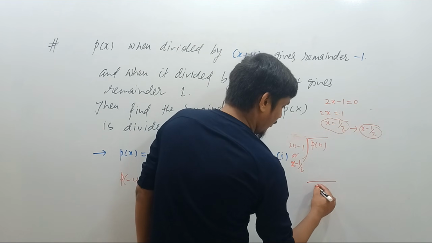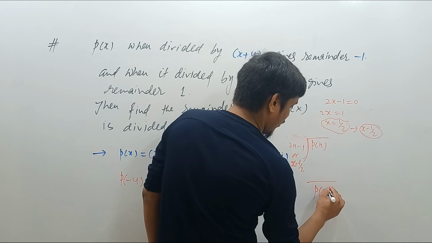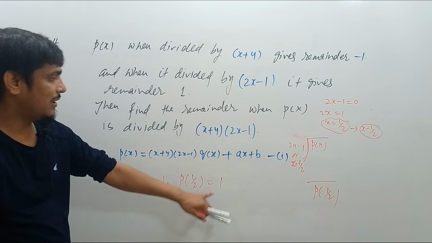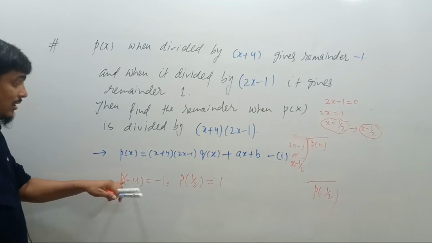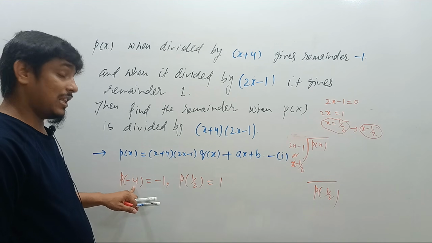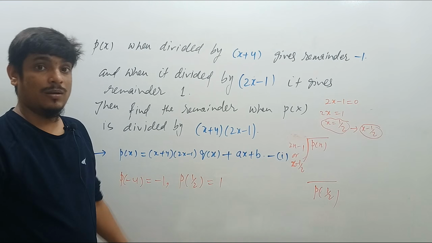So the remainder will be p(1/2), which is given as 1. So we got the value of the polynomial at x equal to minus 4 and x equal to 1 by 2.